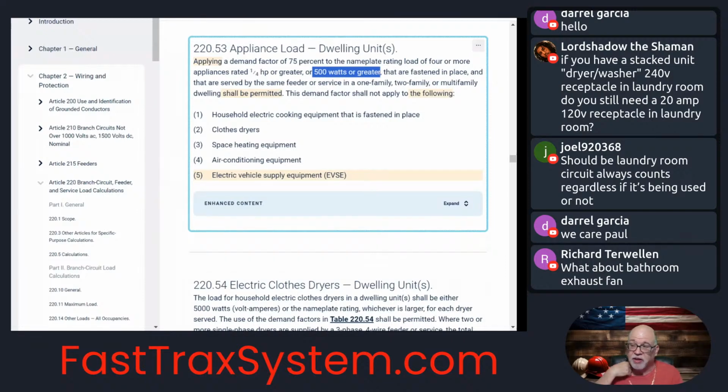Now, years ago, before this language made it into the 2020, there were people stacking these little motors in order to bump them into being able to have 4 or more. And I'll be honest with you, I don't know why they would do that, because in the real world nobody's going to be using the standard method to size their service for a dwelling.